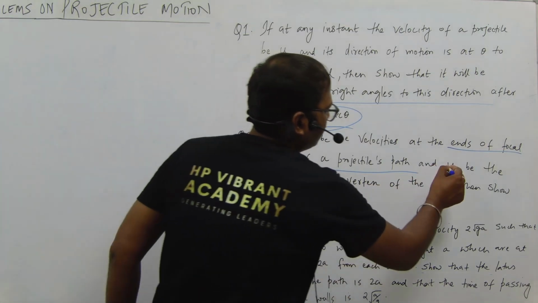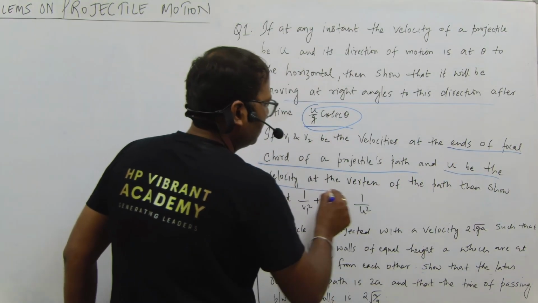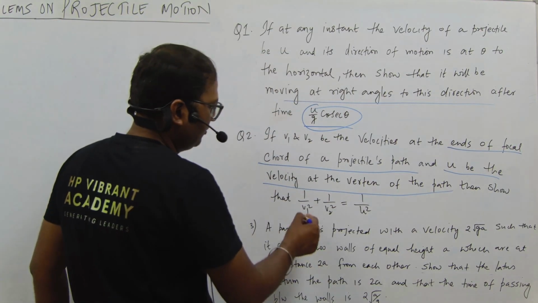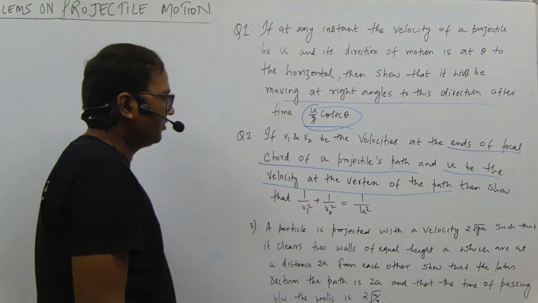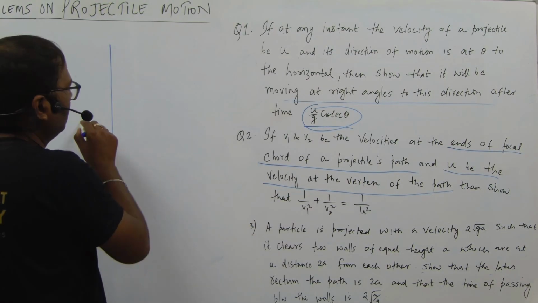And u is the velocity at the vertex of the path, then show that 1 upon v1 square plus 1 upon v2 square is equal to 1 upon u square. Let us consider a projectile.